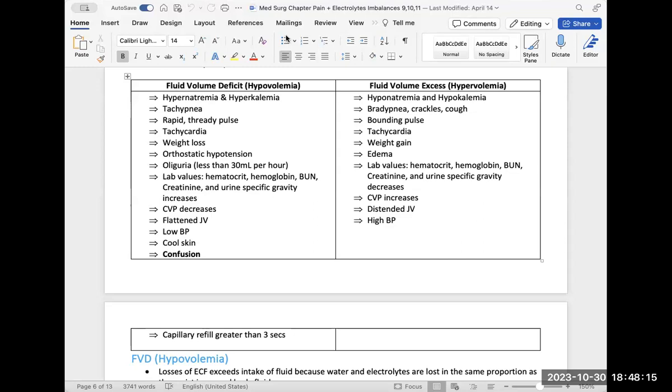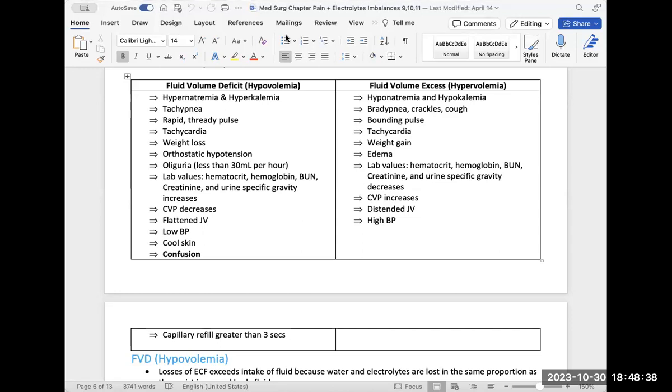Diuretics remove fluid from the body and cause a decrease in blood pressure. So if you have fluid volume deficit, there's some reason why you're losing fluid. Let's just say this person has a GI bug, like a little stomach virus. They might have orthostatic hypotension. They might have a low blood pressure. Okay, so increased heart rate and low blood pressure.